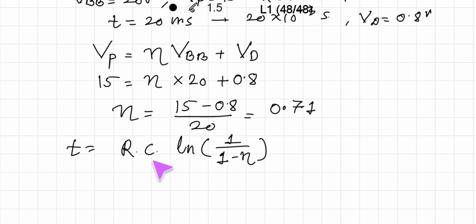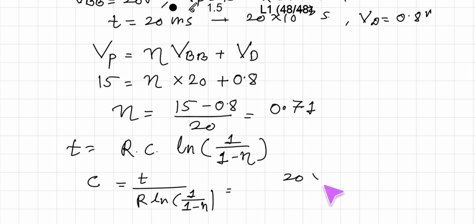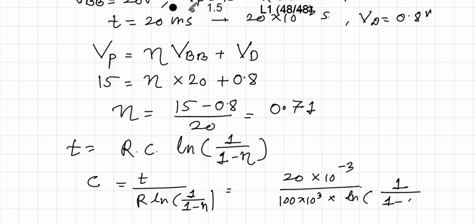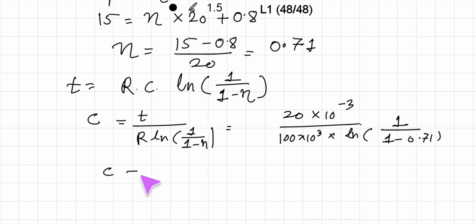Here we know the value of R and eta, and T is also known. So we have to find the value of capacitance C. C is equal to T upon R times ln 1 upon 1 minus eta, that is equal to 20 into 10 raised to minus 3 divided by resistance R, 100 kilo ohm, that is 100 into 10 raised to 3, into log of 1 upon 1 minus the value of eta, that is 0.71.